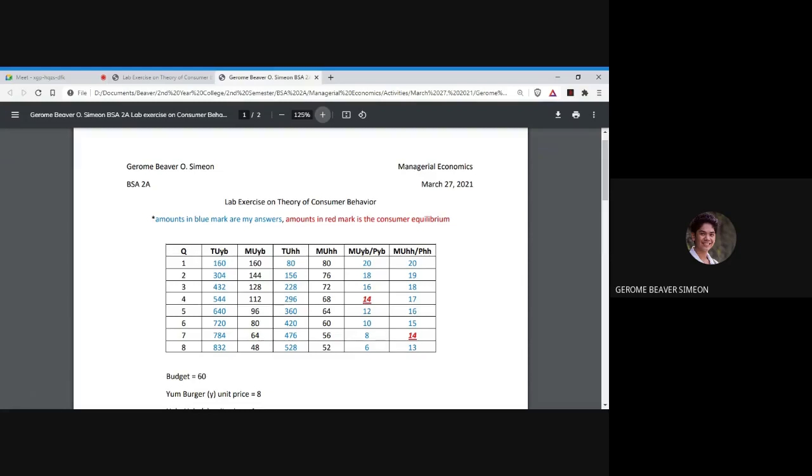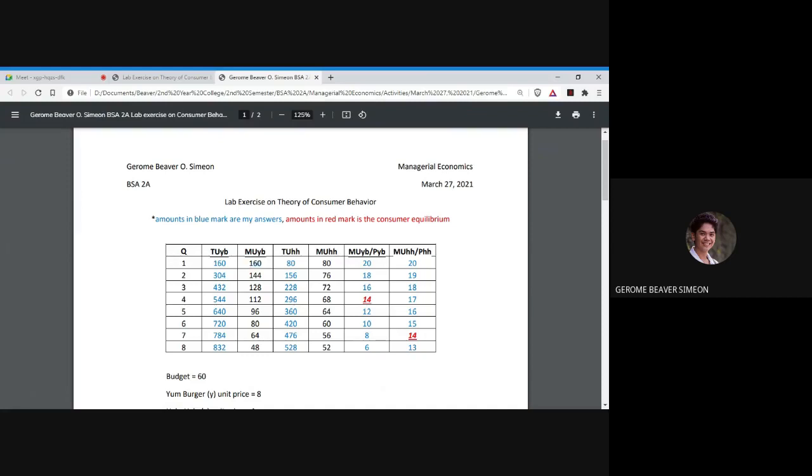So how did I get the total utility for Yum Burger? For the first quantity, all we need to do is get the marginal utility for the first quantity of Yum Burger. That is 160, as shown in the third column.